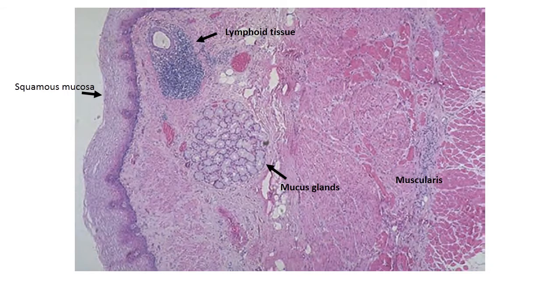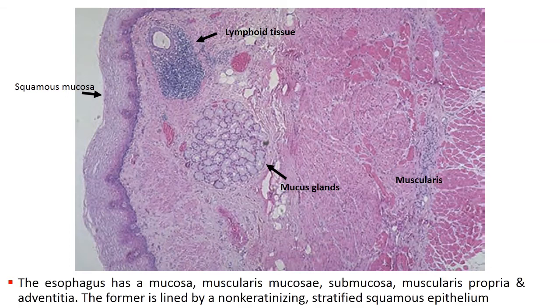This photomicrograph is the histological picture of the normal esophagus, showing that it is lined by non-keratinizing squamous epithelium on the left, and underlying there is a submucosa in which lymphoid tissue and submucosal mucus glands are also present. The lymphoid tissue is surrounding a duct in this picture, and on the right there is the muscularis.